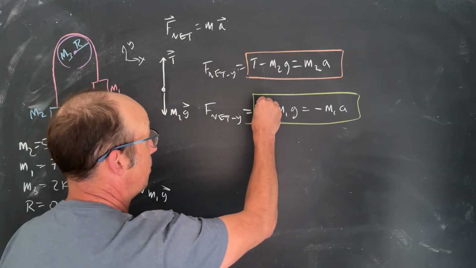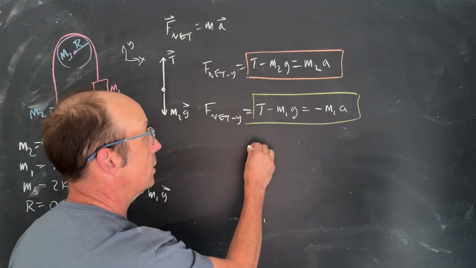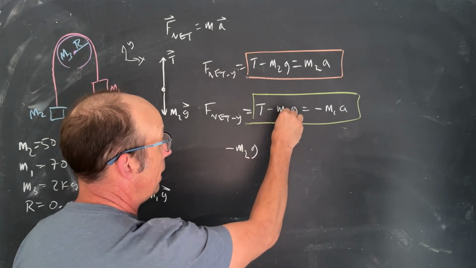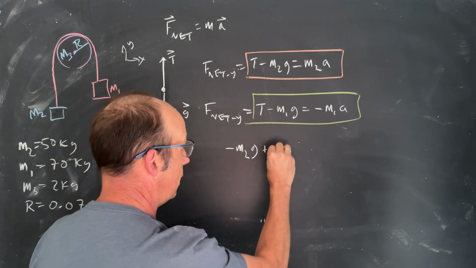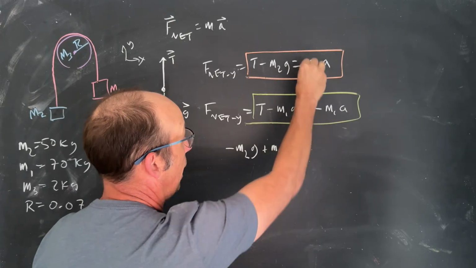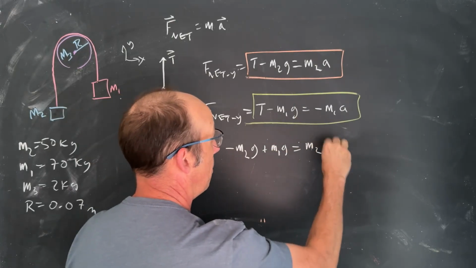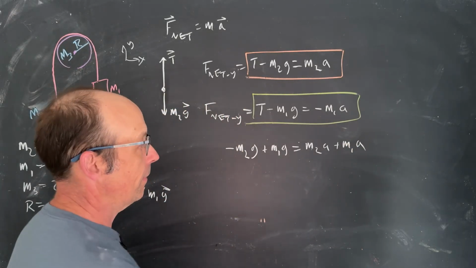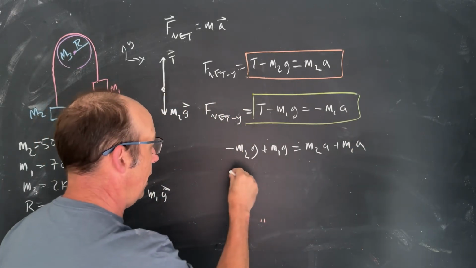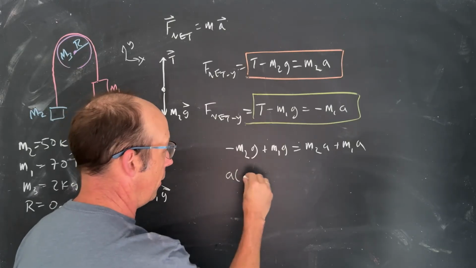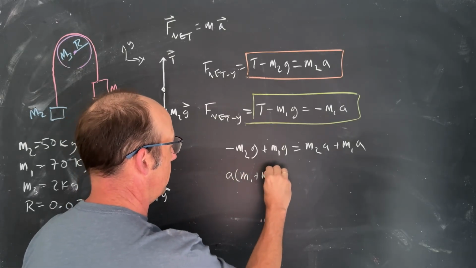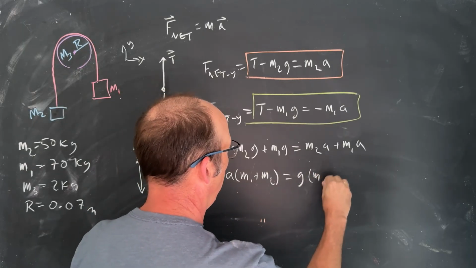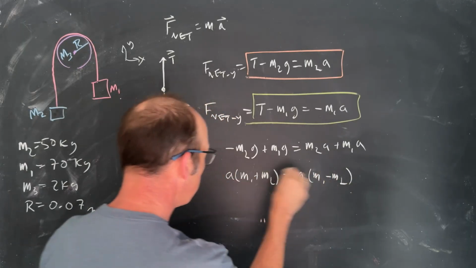So if I take this minus that, I get T minus T, which is 0. Then I have negative m2g minus negative m1g, so plus m1g. And then I have m2a minus the negative, plus m1a. You see how cheating works? Now I can factor out the a, and I get a times m1 plus m2 equals g times m1 minus m2, and then divide.